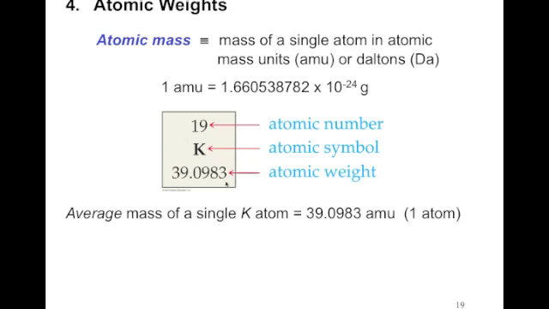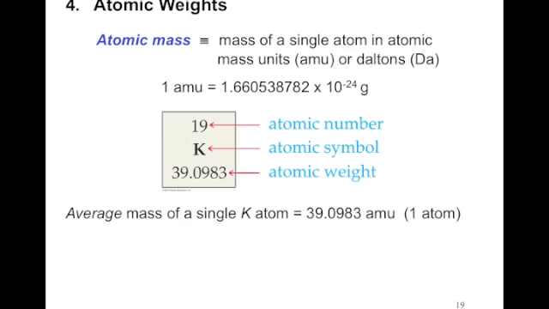So that's a story that we're going to set aside for later, but it certainly is an interesting question. Now, this number reflects the average mass, meaning that if we took 100 potassium atoms and were able to weigh each one out individually, each one corresponds to potentially a different isotope. All of the atoms are going to have the same number of protons, 19, but they may vary in the number of electrically neutral neutrons.